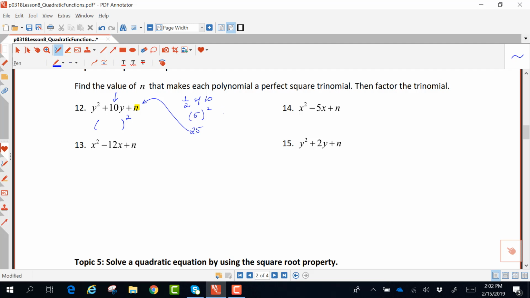In other words, y squared plus 10y plus 25, my new n value, can be factored as y plus 5 perfectly squared. The 5 comes from my parentheses, taking 1/2 of the coefficient of that middle term.